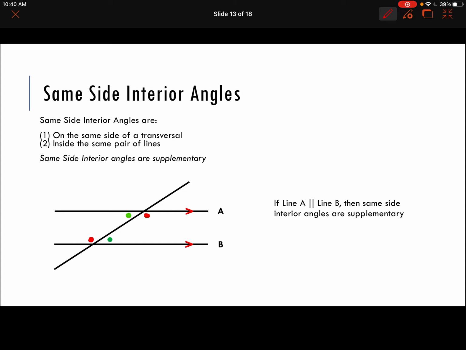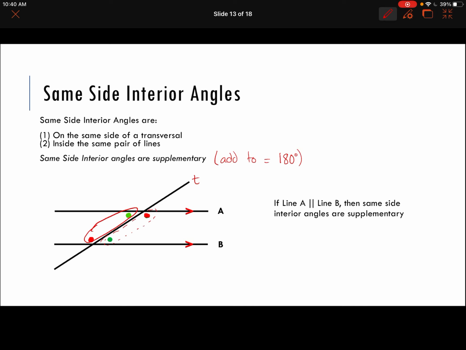So for same side interior angles, they are on the same side of the transversal and between the same pair of lines. So you can see we have two pairs of same side interior angles. We have the first pair that I'm circling, and the second pair that I'm going to circle with a dotted line. Same side interior angles are supplementary. That means they add to equal 180 degrees.